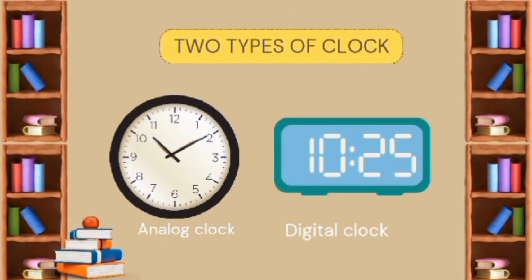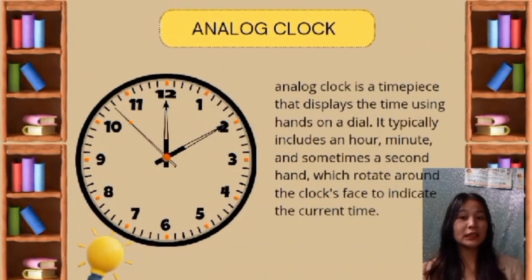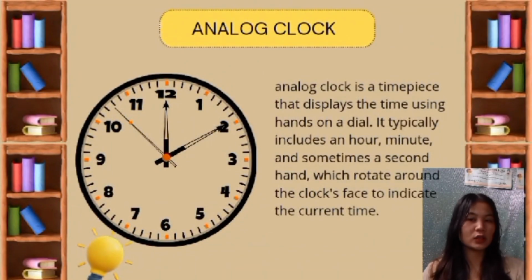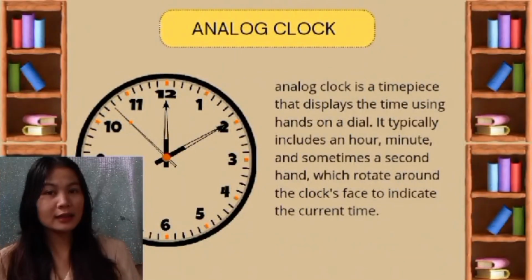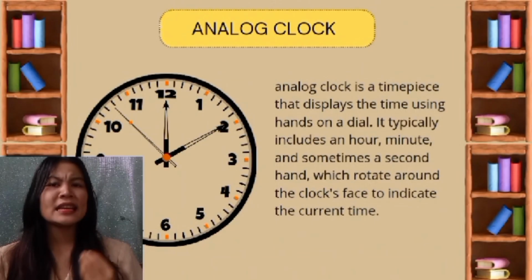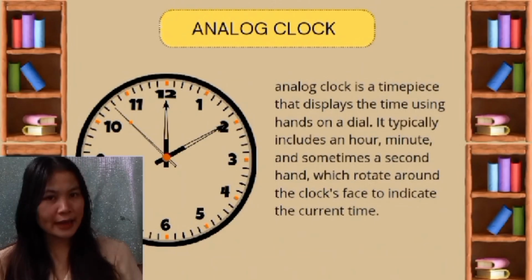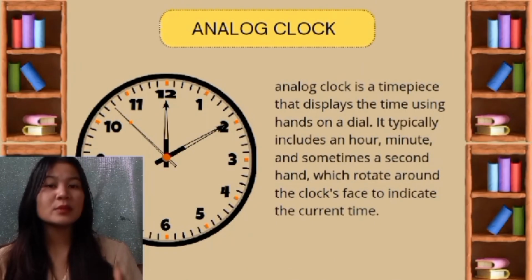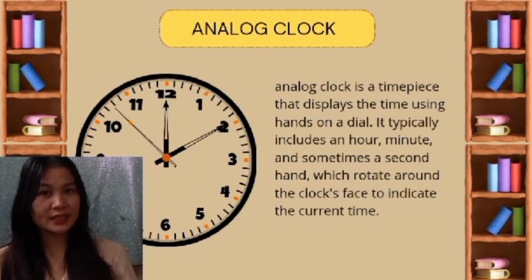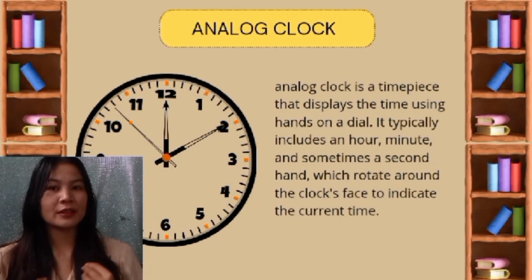There are two types of clock, analog clock and digital clock. Let's start first with an analog clock. An analog clock is a timepiece that displays the time using hands on a dial. It typically includes an hour hand, a minute hand, and sometimes a second hand which rotates around the clock's face to indicate the current time.